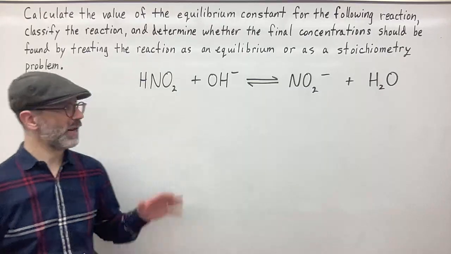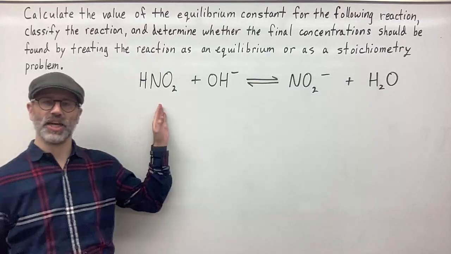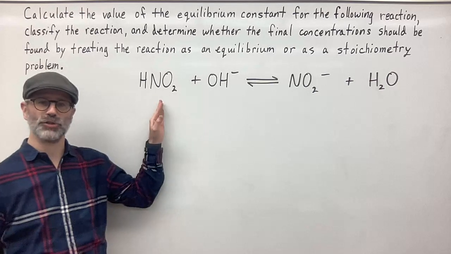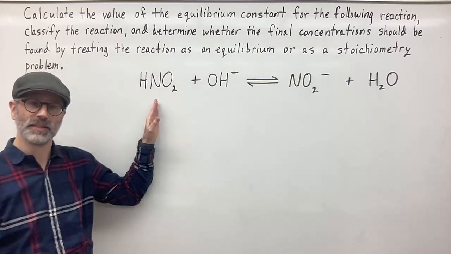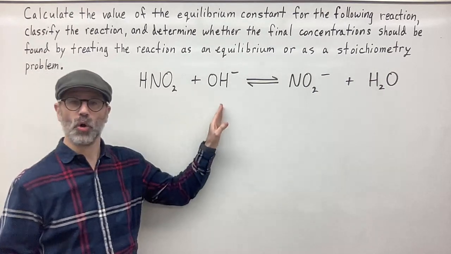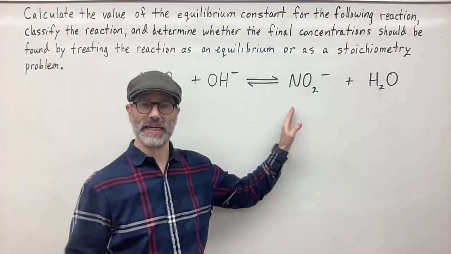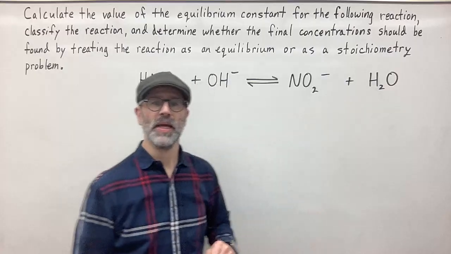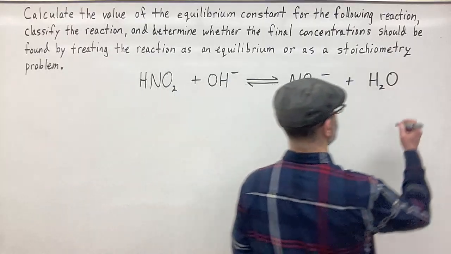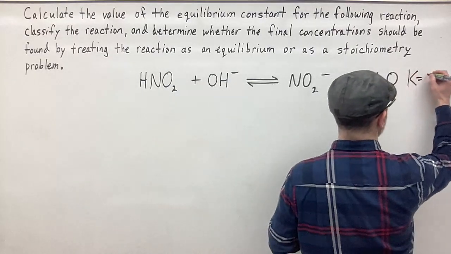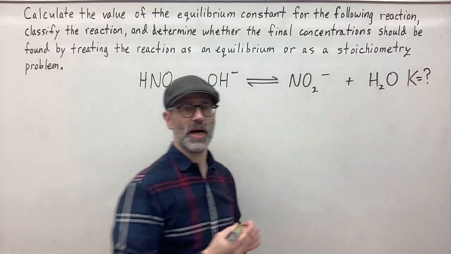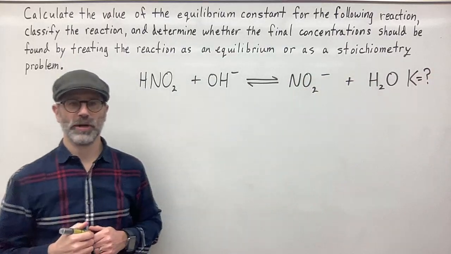Okay, so here we have this reaction. It's HNO2, which is nitrous acid, a weak acid, reacting with OH minus, and that's going to form the nitrite ion plus water. And so we're trying to find the K value. So what is the equilibrium constant value for this reaction?